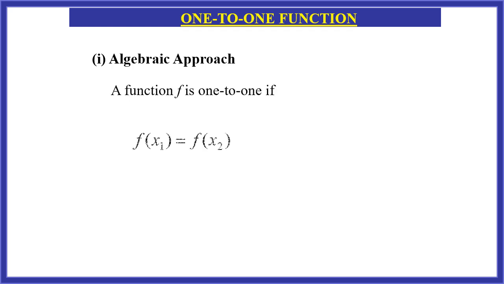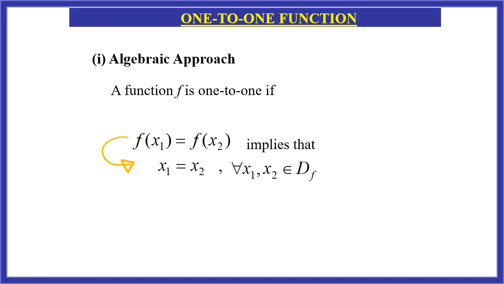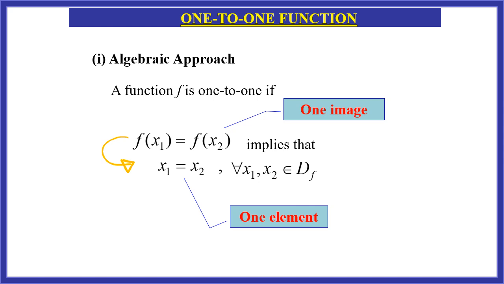Algebraic approach. A function is a 1-to-1 function if for f(x1) equal to f(x2), x1 should be equal to x2. It means that for every output, the same output will come from the same input. So how do we get from this to this? So one image should have only one element.